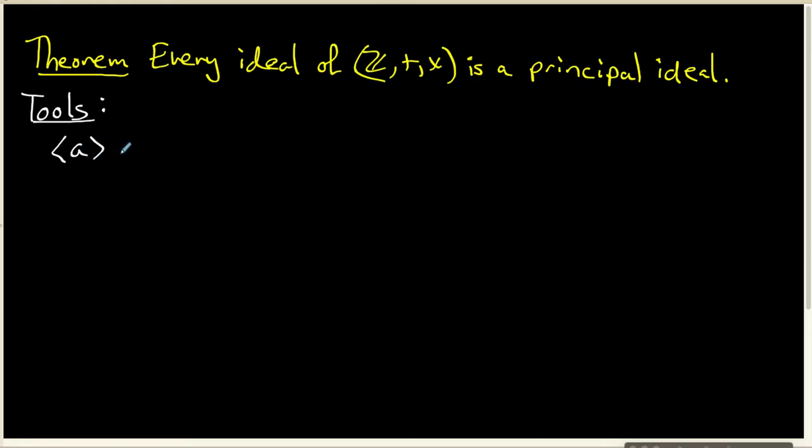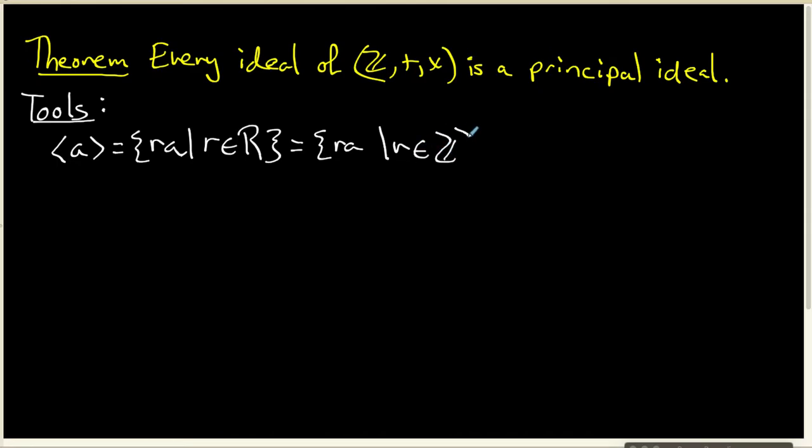The principal ideal generated by the element A is nothing more than the set of objects R times A, where R ranges over all of the elements of the ring that we are looking at. So in this particular theorem, the principal ideal generated by A is going to look like R times A, where R is ranging over all of the integers.